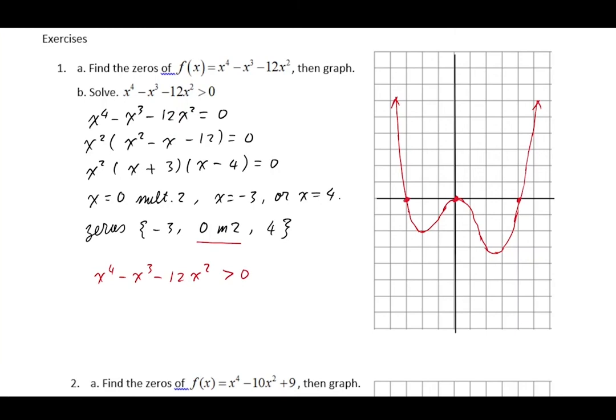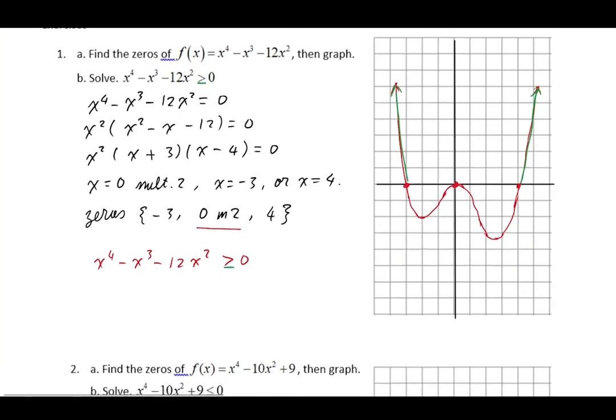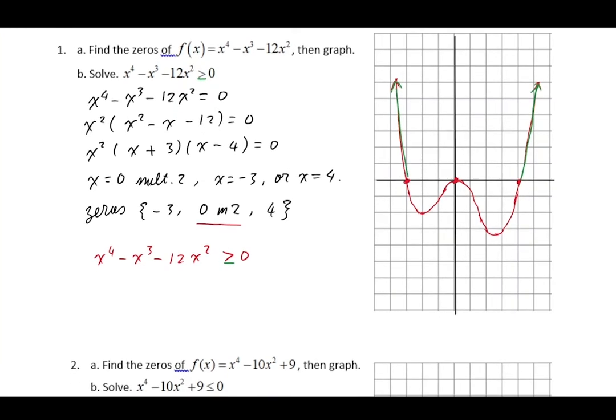Positive meaning this part right here, and this part right here. For the sake of interest, to make this problem a little more interesting, I'm going to throw the equal sign in there as well. So, or this needs to be 0, and 0 is right there. So I want to include those points.